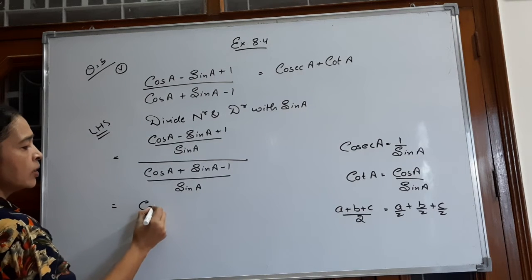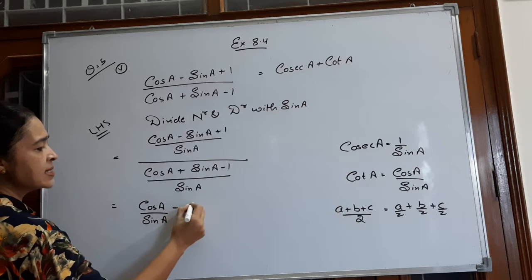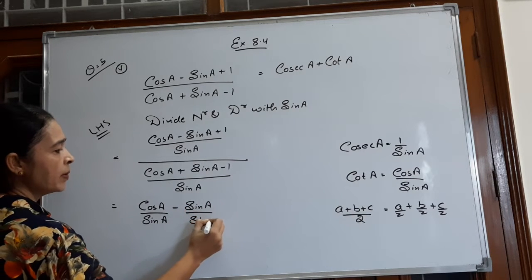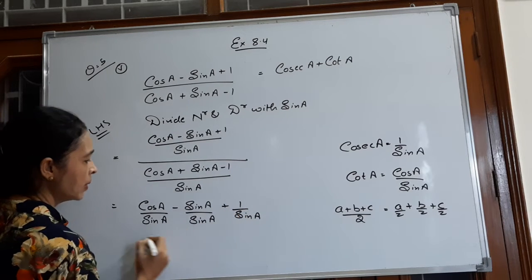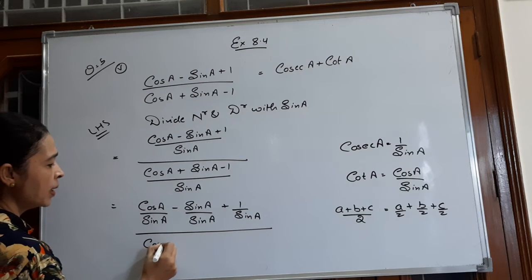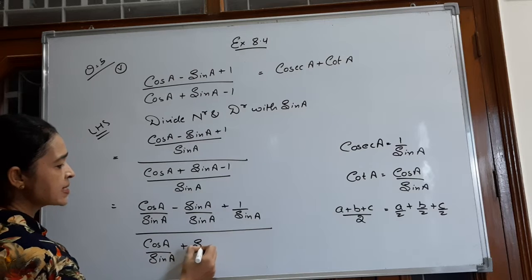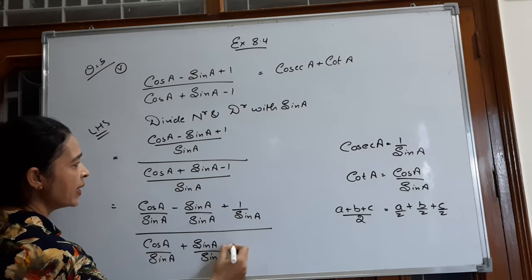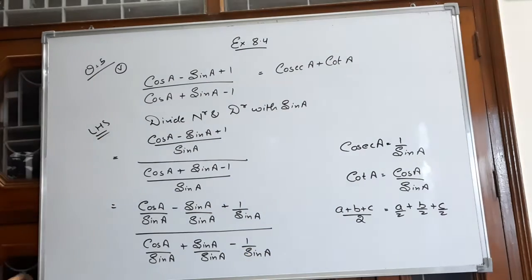We will write cos A upon sin A minus sin A upon sin A plus 1 upon sin A, upon cos A upon sin A plus sin A upon sin A minus 1 upon sin A. Clear?